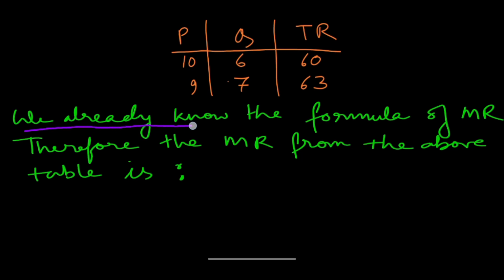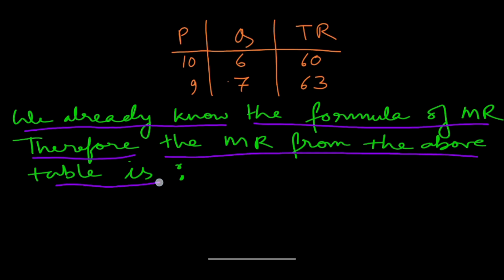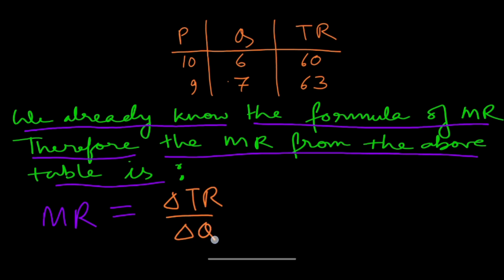We already know the formula of MR. Therefore, MR, or marginal revenue, is equal to delta TR divided by delta Q. First, we find delta TR by subtracting these values, which gives us 3.